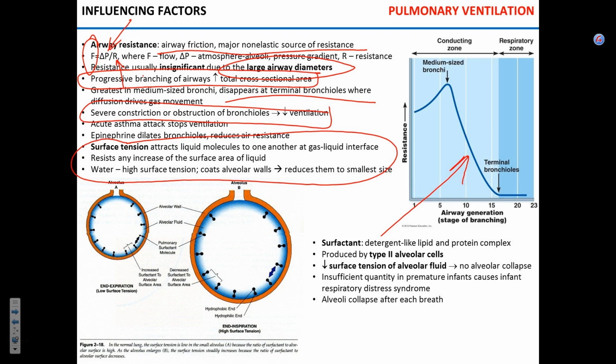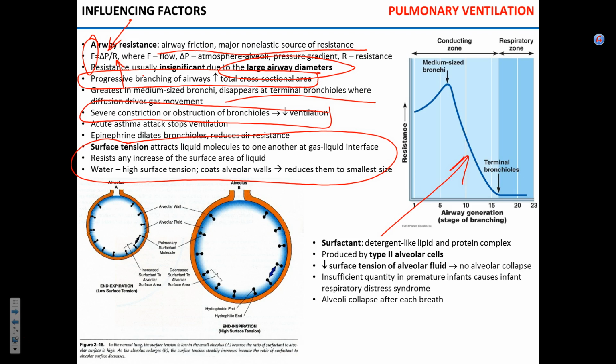Water molecules try to stay attached to each other. They resist expansion. You can observe it when you blow a bubble. When you blow a bubble, you need to add some soap, right, to make it bigger. But you cannot do a proper bubble when you just use water. It's not going to happen, because of the surface tension of water.